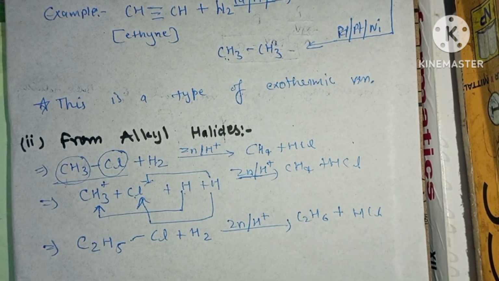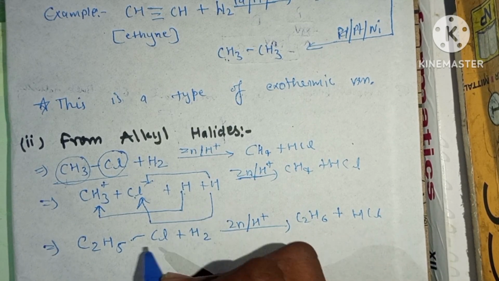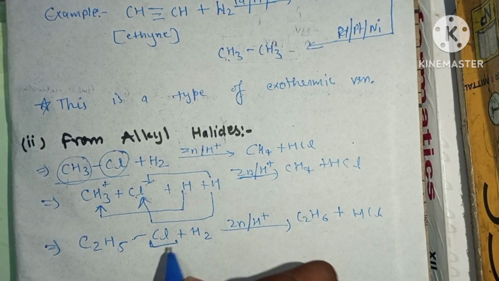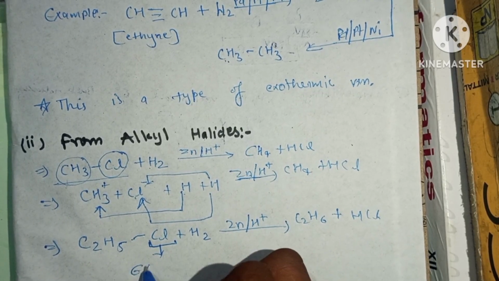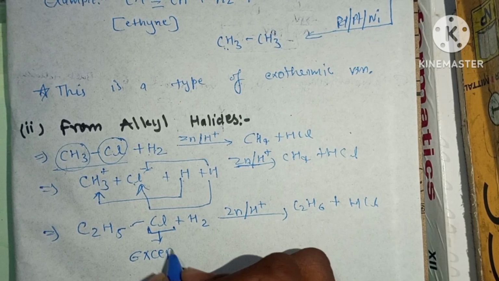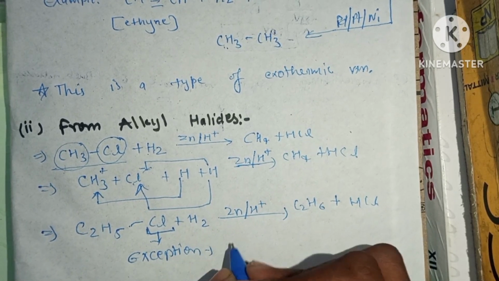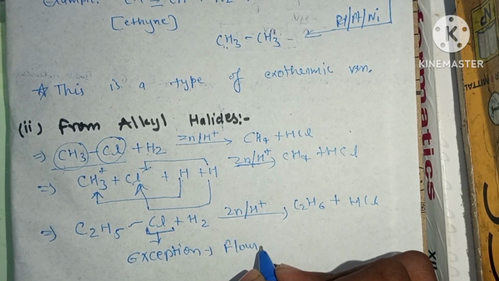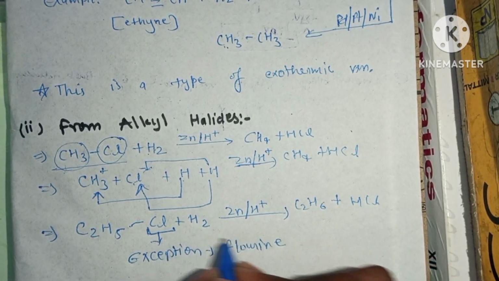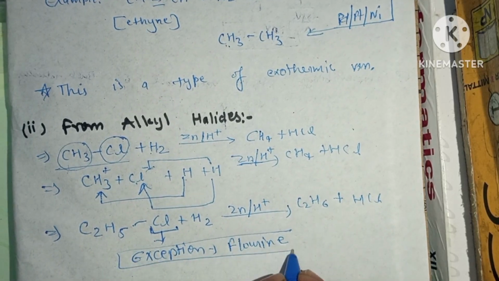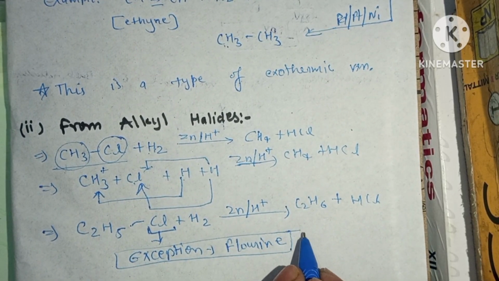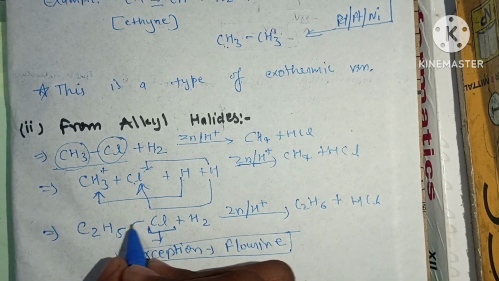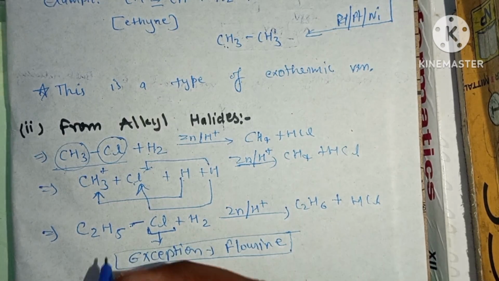But there is an exception. Here in place of Cl there can be any halogen except fluorine. Exception is fluorine. Why? We will also understand why fluorine is not taken in this reaction.